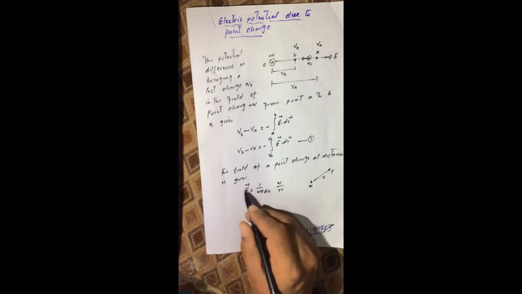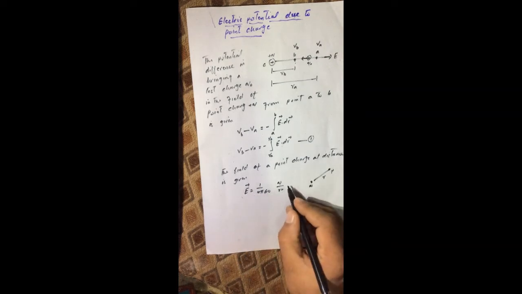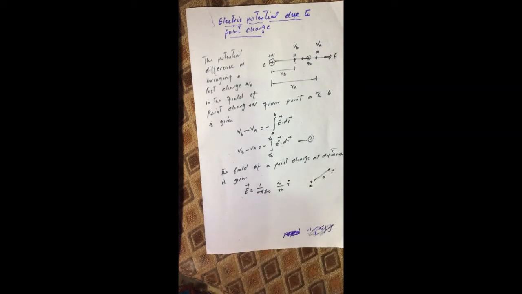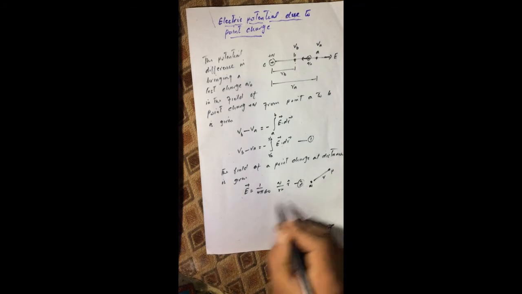If I include the direction of this electric field, then we have the unit vector R cap here. This is equation number 2.